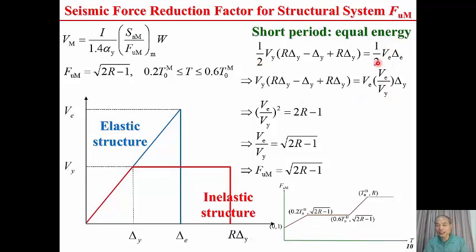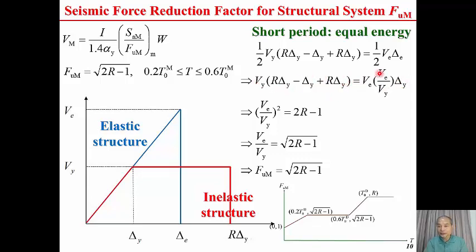The halves cancel out, then we have Vy times (R delta Y minus delta Y plus R delta Y) equal to VE times delta E. By the similarity of triangles, delta E equals VE divided by Vy times delta Y. Therefore, delta E is substituted by VE divided by Vy times delta Y. And the delta Y terms cancel each other.